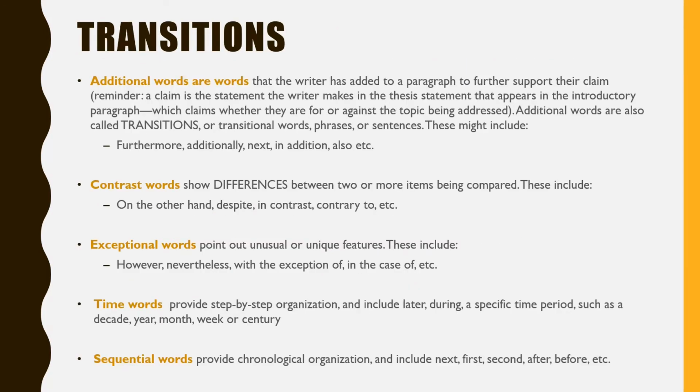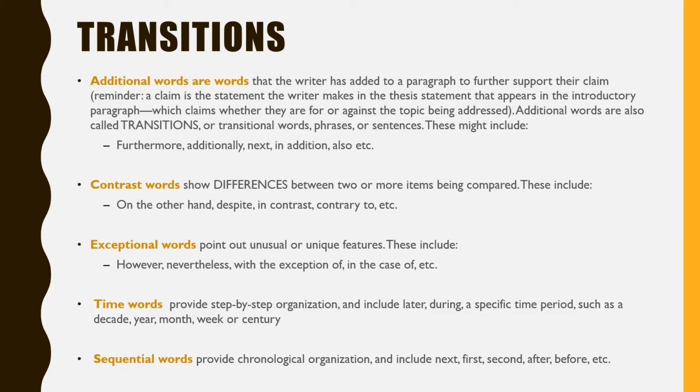Another key way to comprehend or understand what you are reading is to look for transitions. And transitions include additional words, contrast words, exceptional words, time words, and sequential words. Additional words are words the writer has added to a paragraph to further support their claim.